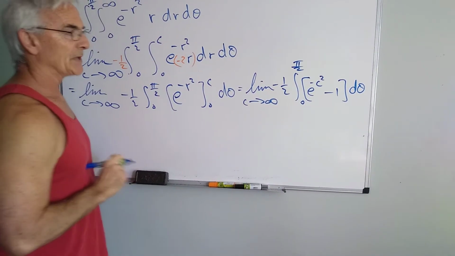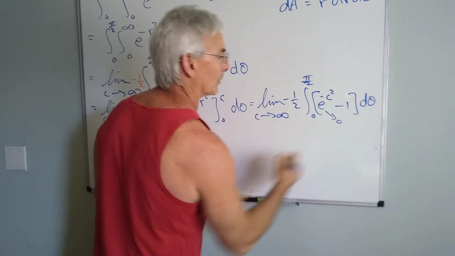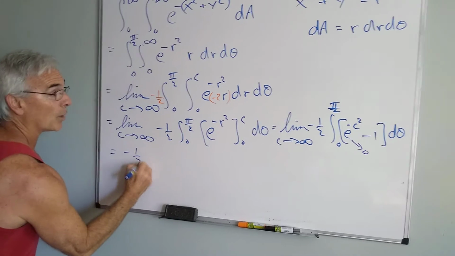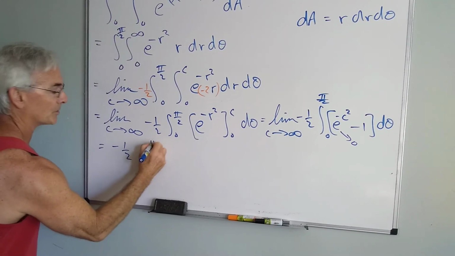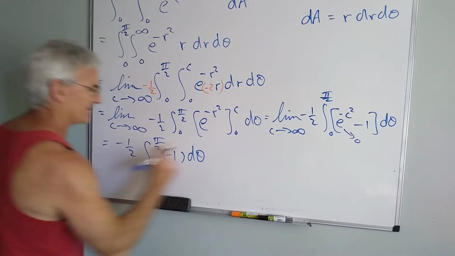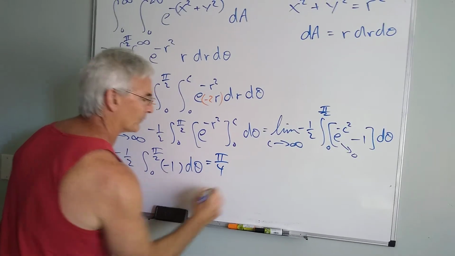Now as c grows without bound, this quantity right here is going to approach 0. And that will leave us simply with negative 1/2, the integral from 0 to pi over 2 of negative 1 d theta, which we realize is simply pi over 4.